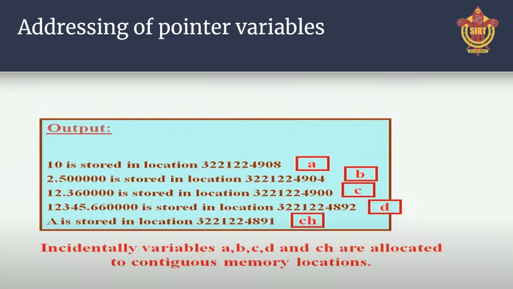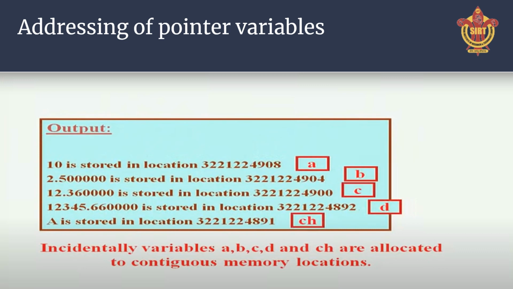So these are the memory locations which are printed along with the values which are stored on that location. Now incidentally, variables a, b, c, d and ch are allocated to continuous memory locations. This is not always possible, but coincidentally this is the case in our example.